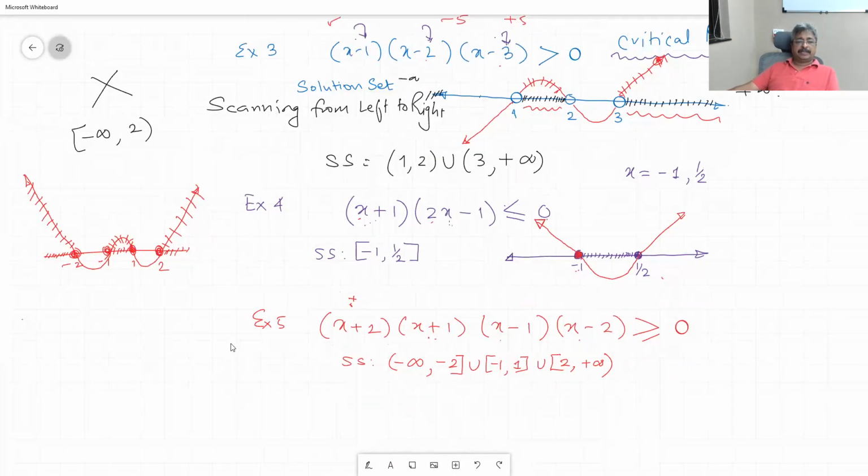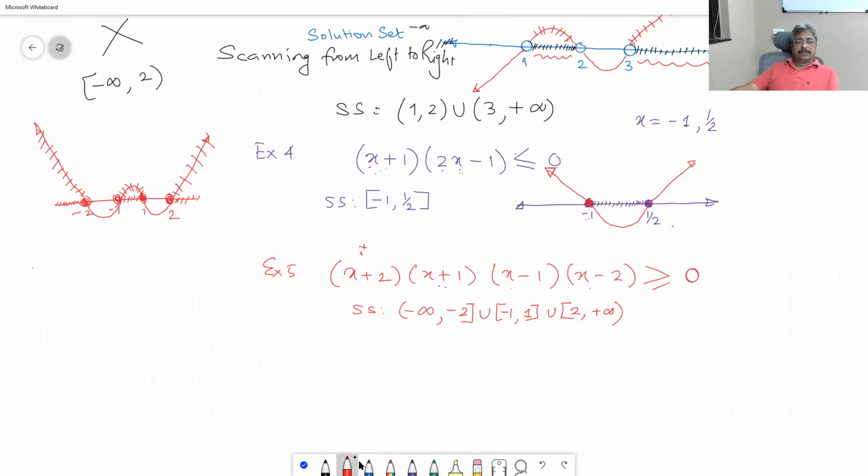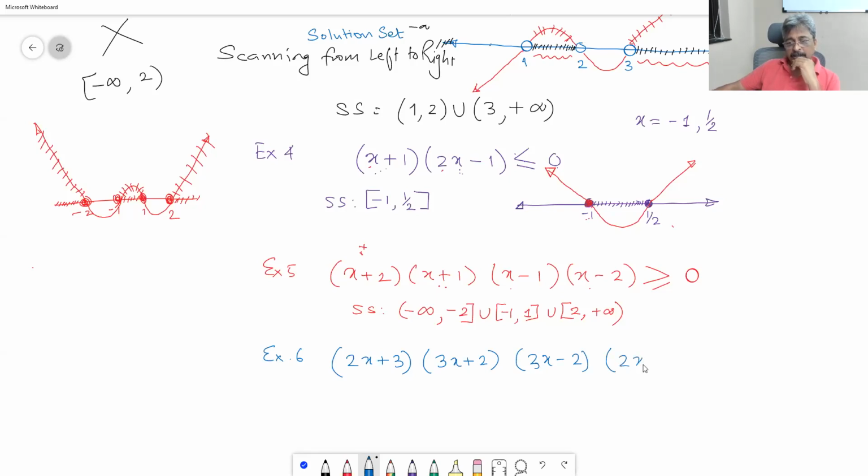Example number 6. 2x plus 3, 3x plus 2, 3x minus 2, 2x minus 3 is less than 0.